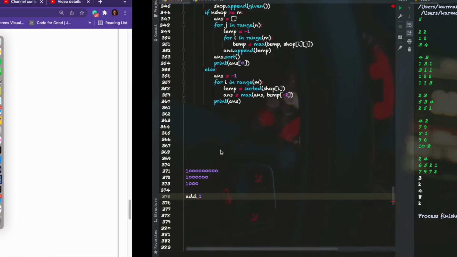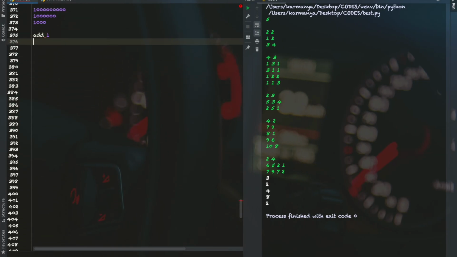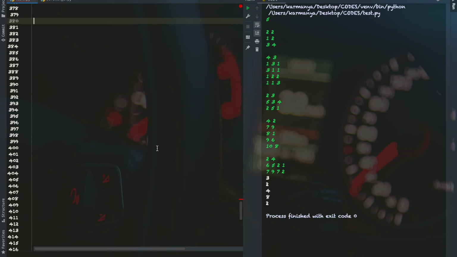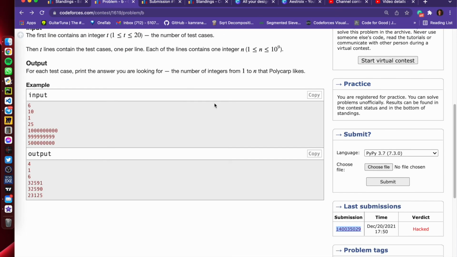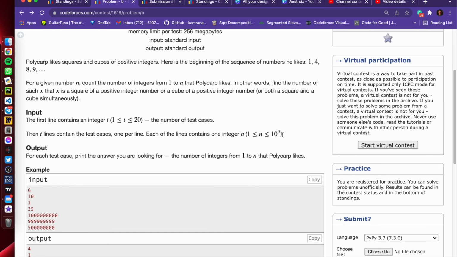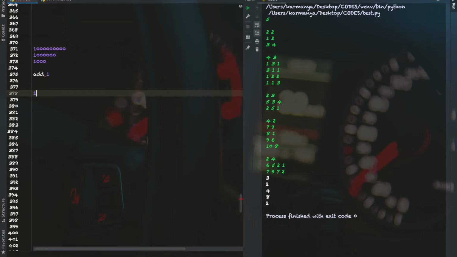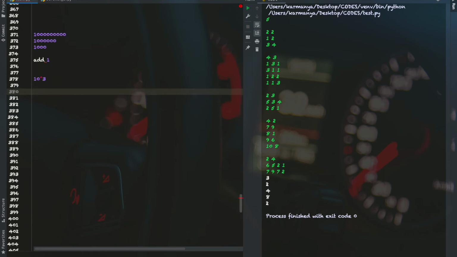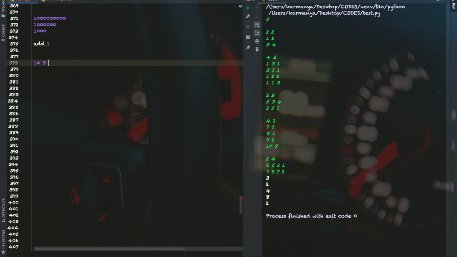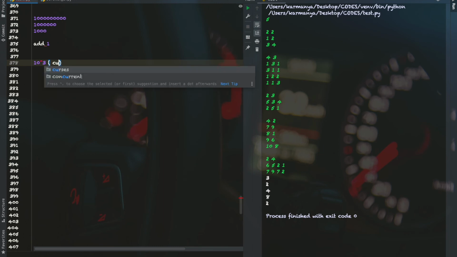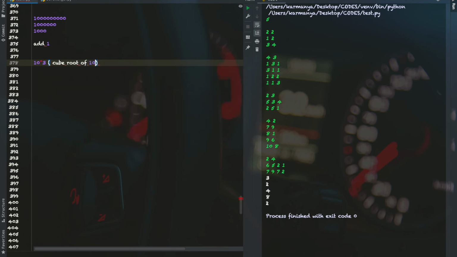If you don't want to do that, there is another approach. The constraints are very small, 10 power 9. So my overall complexity will be 10 power 3 actually, not 10 power 4, because I have directly taken 10 power 3, which is the cube root of 10 power 9.